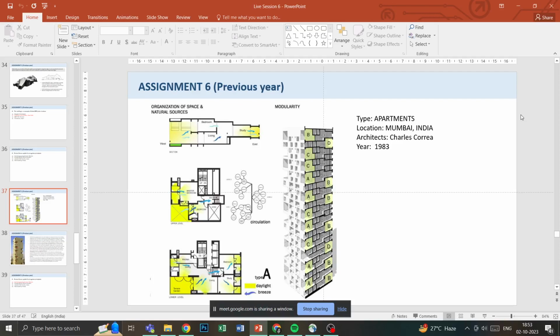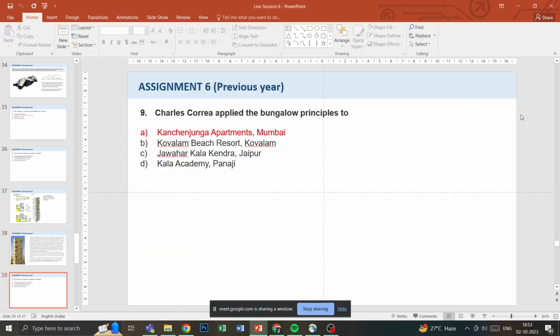It's all getting diffuse daylight from smaller openings, and the big terraces are inspired by the verandas of Indian bungalows to cut the harsh sunlight. So Charles Correa applied the bungalow principles. So the answer is Kanchenjunga Apartments, Mumbai.